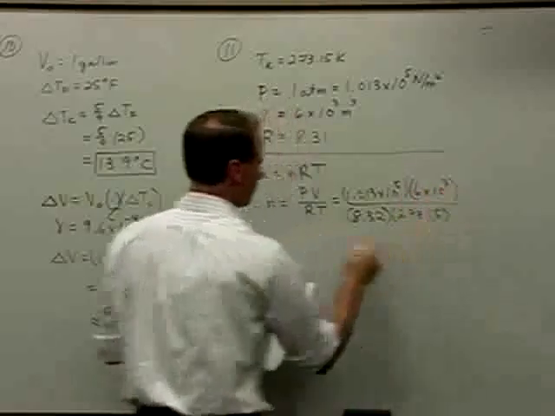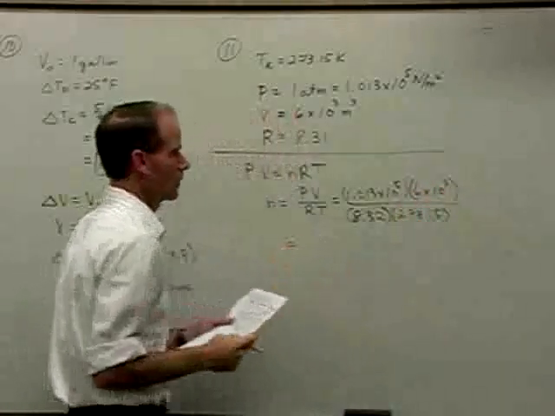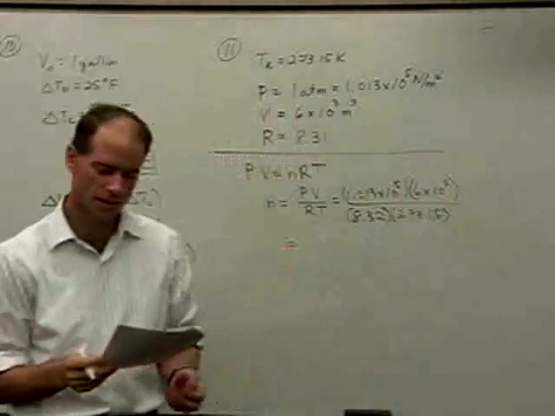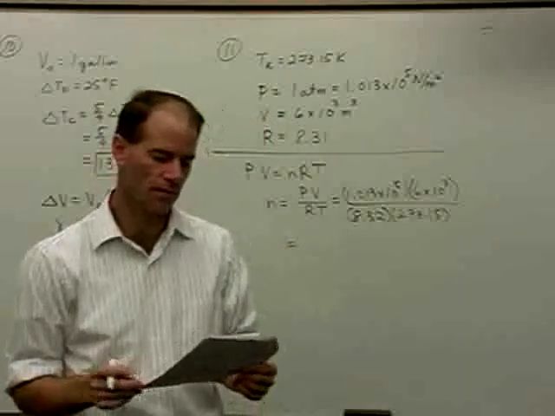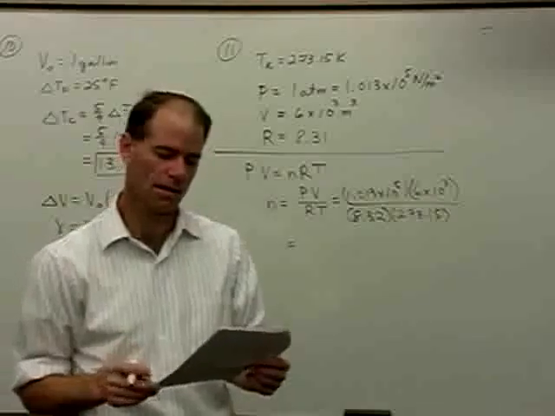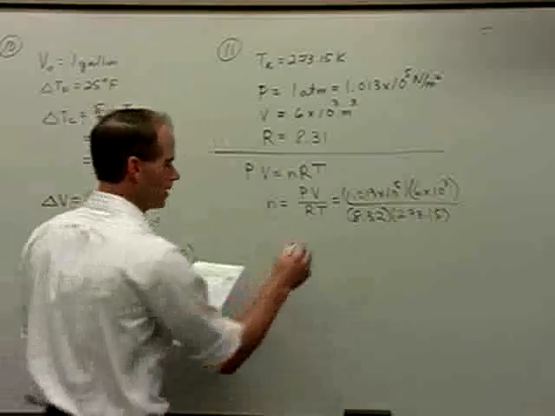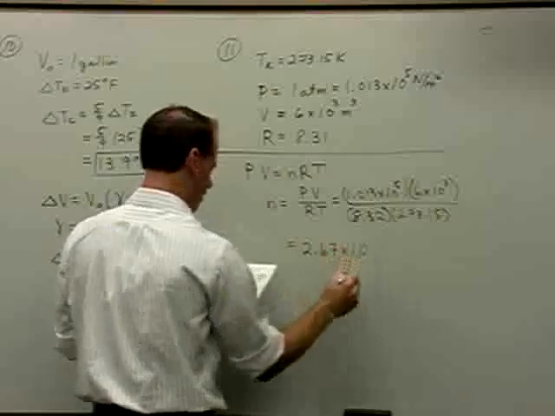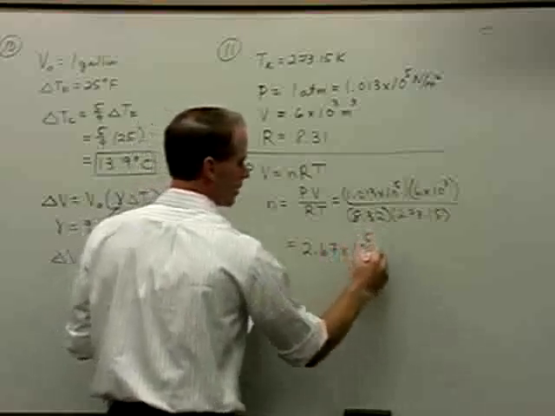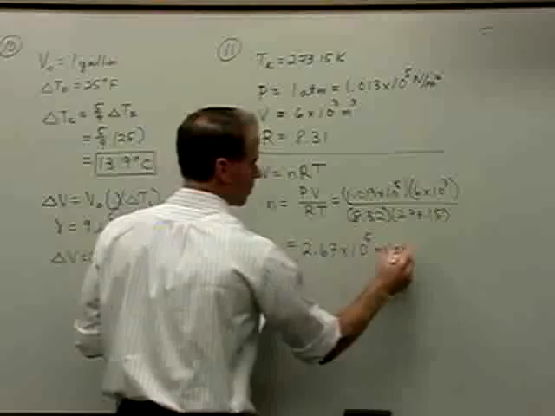Volume up there, and if we calculate all these numbers out, we will get the number of moles of air in this auditorium, and that is 2.67 times 10 to the 5 moles.